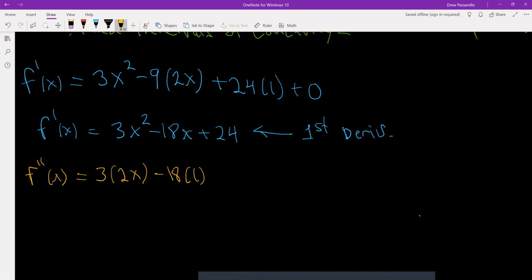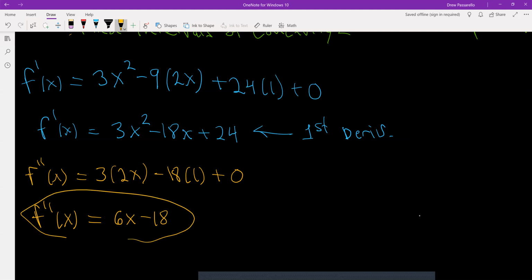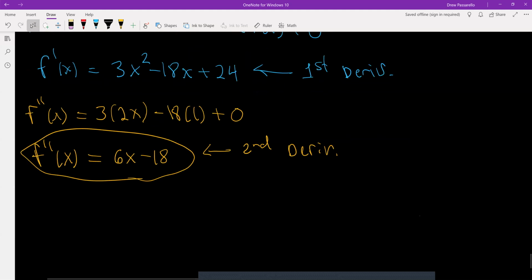And 24 is a constant, so its derivative is 0. So 6x minus 18 is the second derivative. All right, I'll circle that because we'll be using it when we plug in our test values. Now we're going to find potential inflection points.